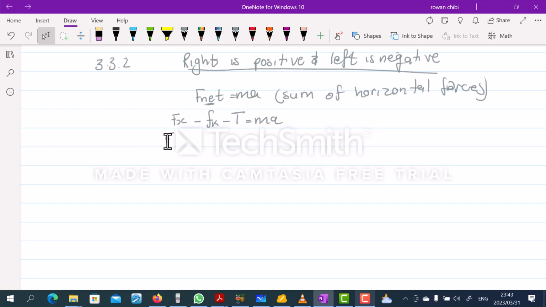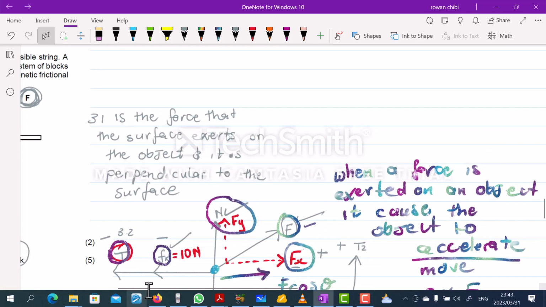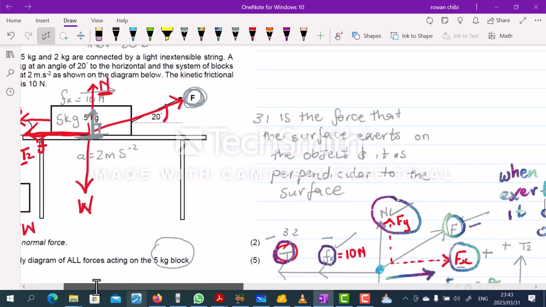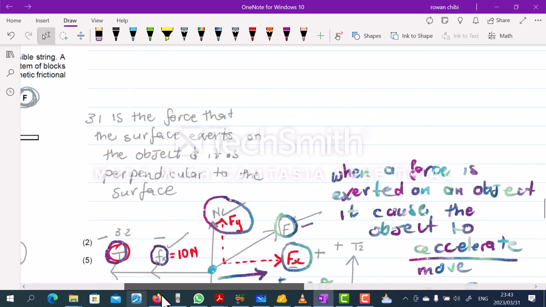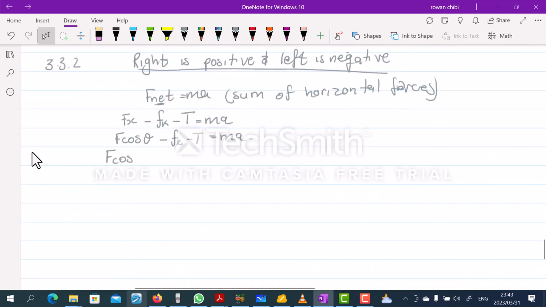And we said F of x is F cos theta, minus the frictional force, minus the tension, equals ma. Now let us substitute. We want F cos, what is the angle? The angle is 20 degrees.